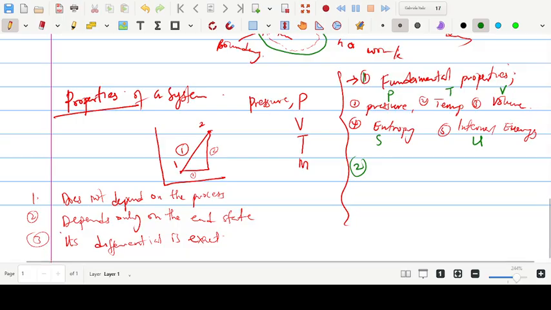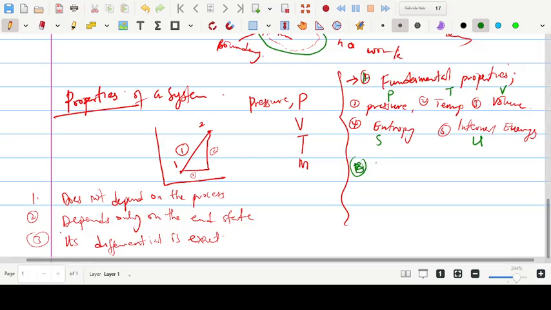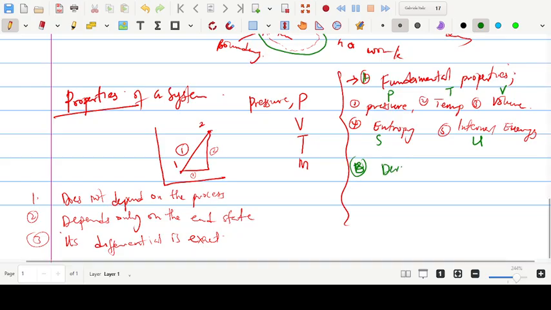Let me call this one A, and this one is B. The second type of property is what we call derived properties.